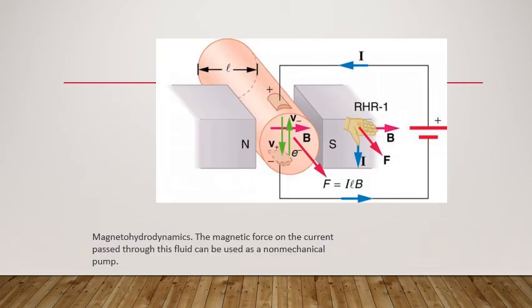Here we have shown a magnetohydrodynamic example. The magnetic force on the current passed through this fluid can be used to pump something. The force is always there.